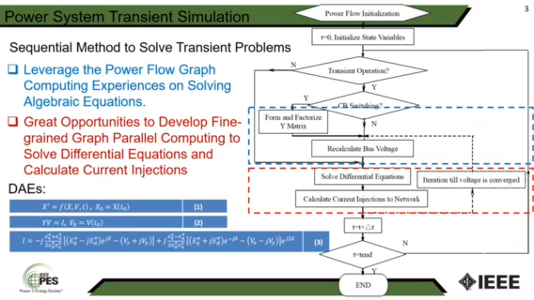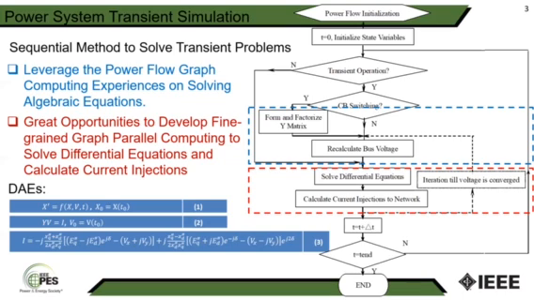In power system transient simulation, there are two methods to solve the transient problems. One is an integrated method, another is a sequential method. We are using the sequential method to solve transient problems for a couple of reasons. Number one, in the sequential method, we solve the algebraic equations first to get the bus voltage.